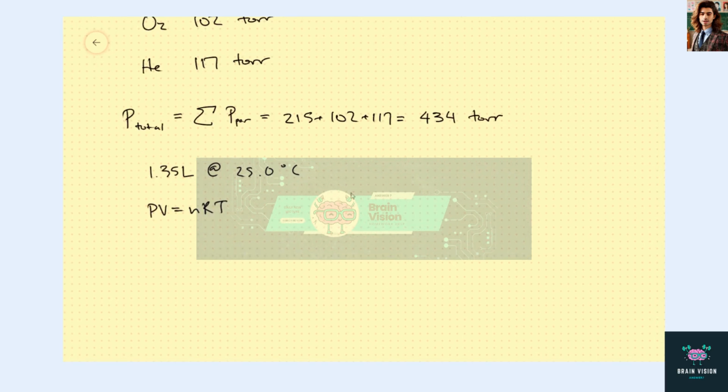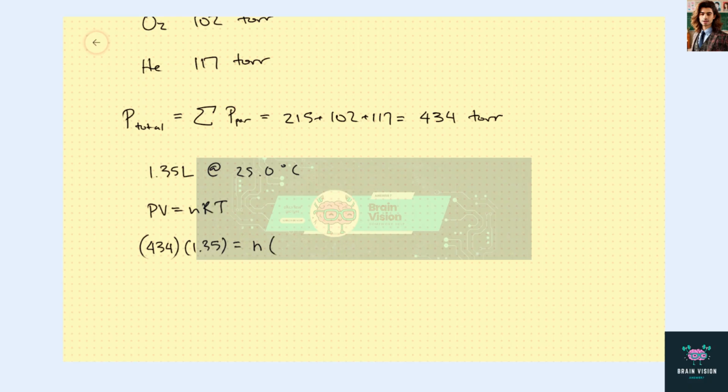So we know the total pressure is 434 torr. There's 1.35 liters. There's n moles.